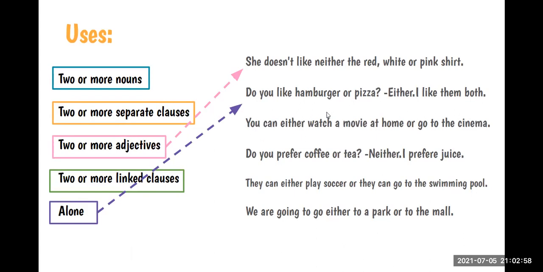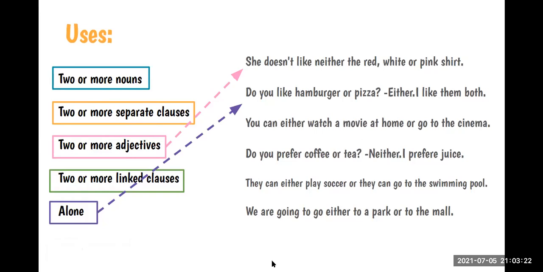And what about the next one? You can either watch a movie at home or go to the cinema. What do you think? What could this be? Two or more nouns? What do you think, guys? Do you agree?